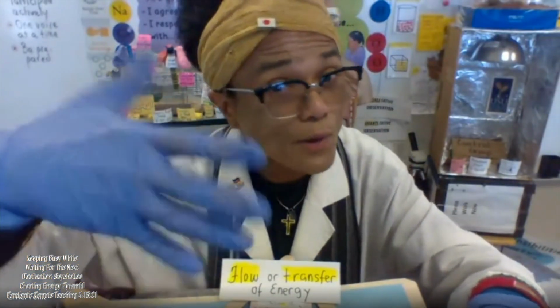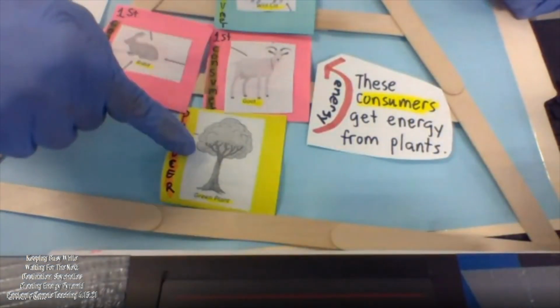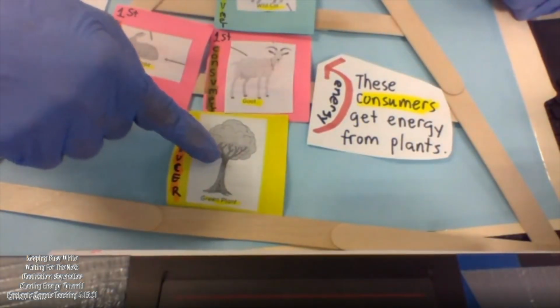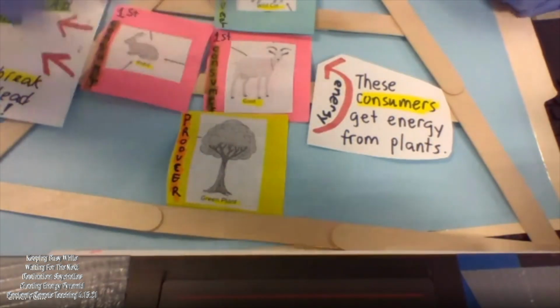The first arrow I put was for pointing to the decomposer. That's the first. The second arrow points to the goat from plants, because the energy is coming from the plant because the goat eats plants.